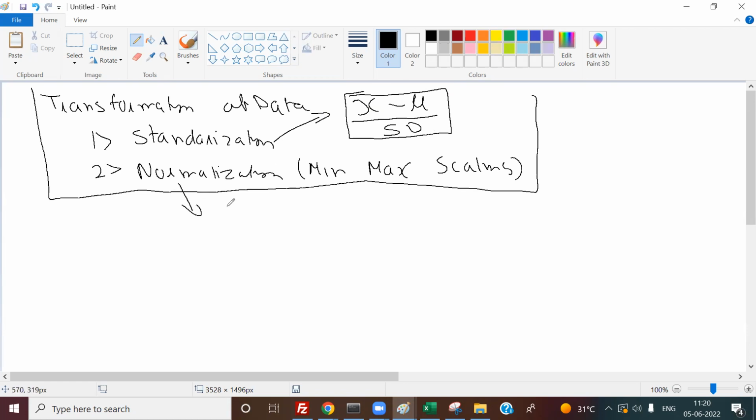In normalization, I use this formula: x minus x min upon x max minus x min. Please make a note of these important formulas and try remembering them.